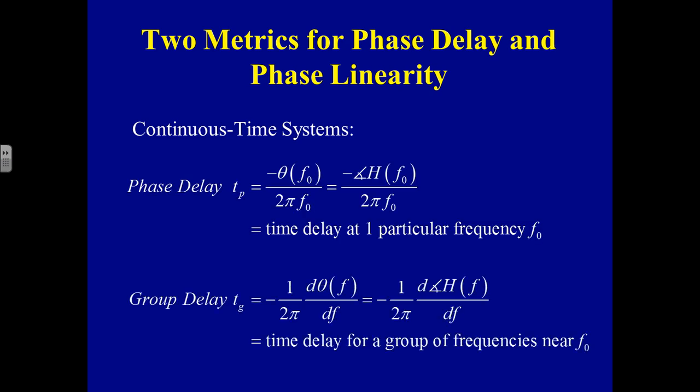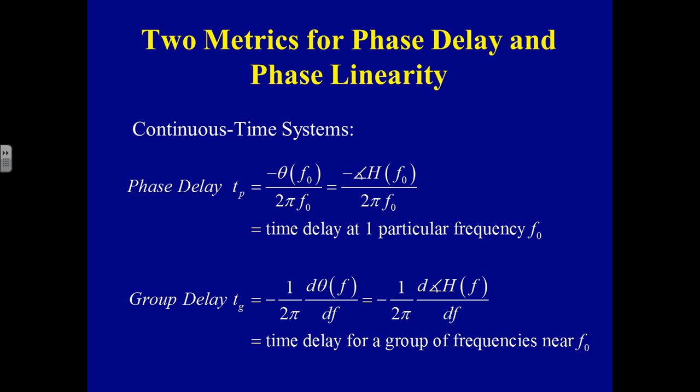Now we use two different metrics for the amount of phase delay and the phase linearity in a frequency response of a filter. And these were the same metrics that came to us from continuous time systems. First is the phase delay that's introduced by a filter or a discrete time system, and the group delay. These are two different measurements of two different equivalent time shifts that are introduced by phase responses in a filter.